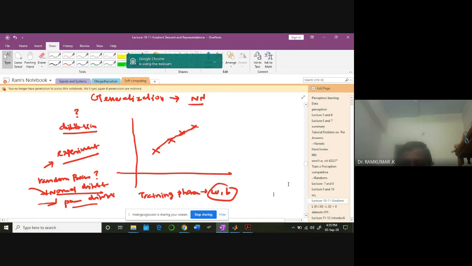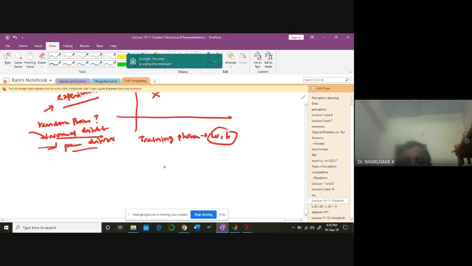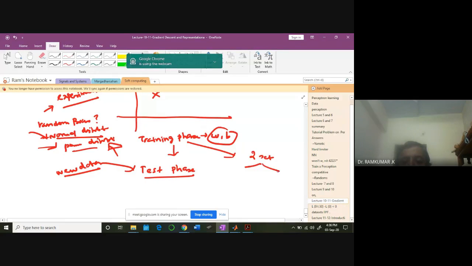Then we go to the next phase, which is more important in neural networks, called the test phase. In the test phase, you test with some new data. You can collect again from these same instances, or you can divide your training data into two sets: a training data set and a test data set.